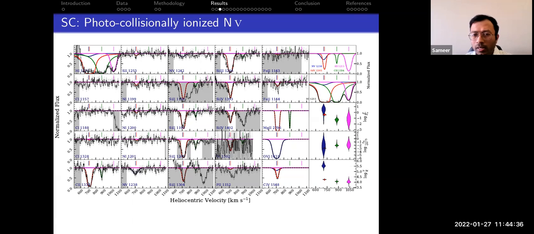Yes, we can definitely do that. But since we have started with the assumption of solar abundance, if we were to relax it, there may be a degeneracy between the ionization parameter and the abundance pattern.